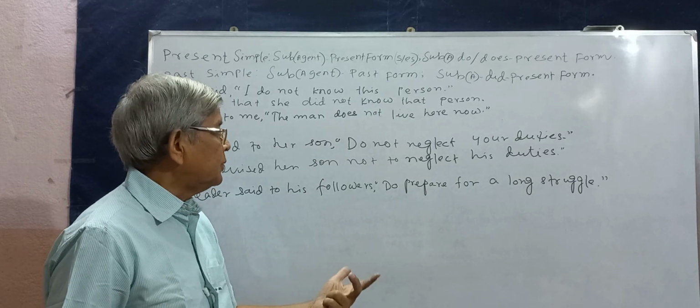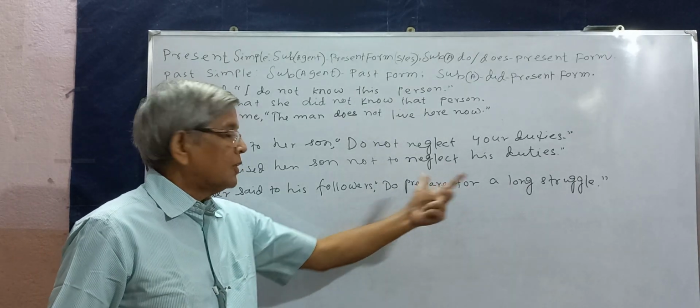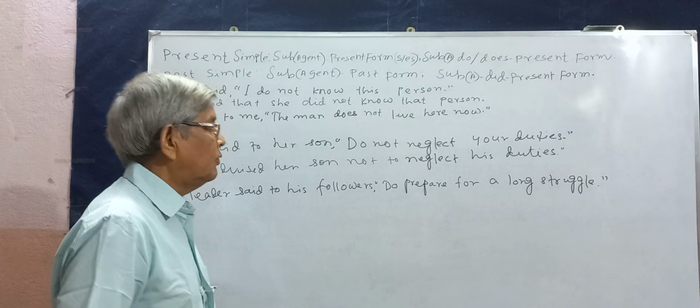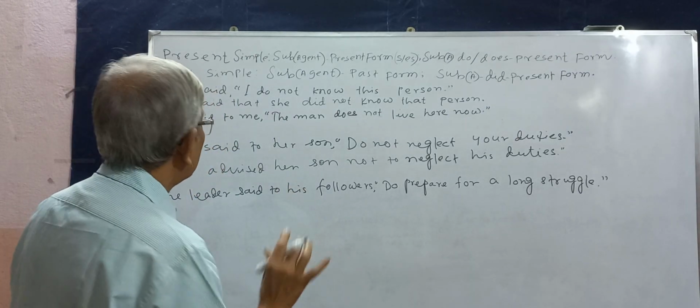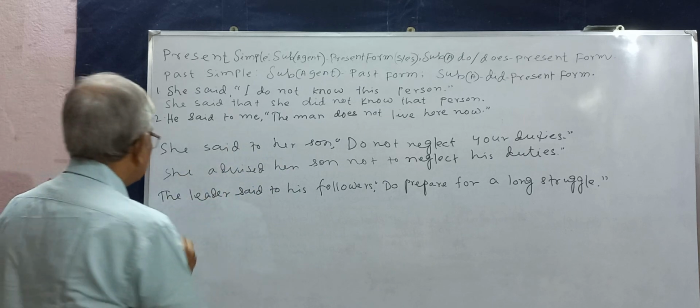Now in the indirect speech we cannot use did as the verb turns into an infinitive. Therefore, we have to use a suitable verb of reporting to retain the emphasis on the verb.